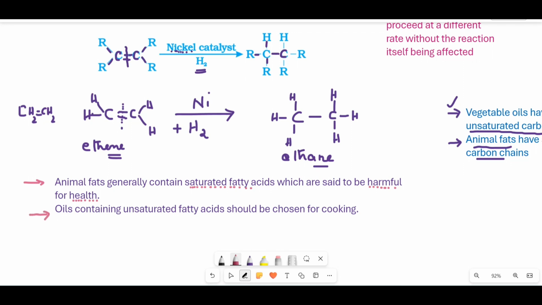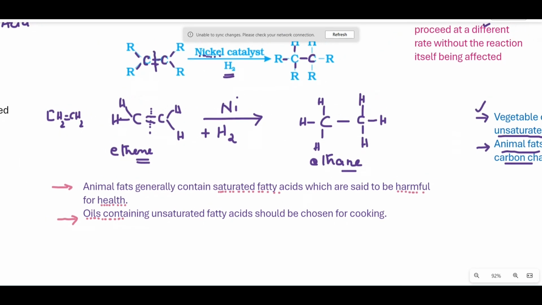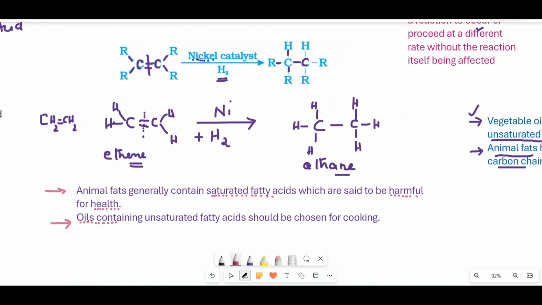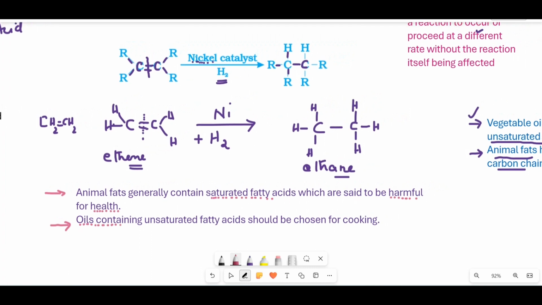But on the other hand, oils containing unsaturated fatty acids, so vegetable oils containing unsaturated fatty acids, should be chosen for cooking. This is very important to note.